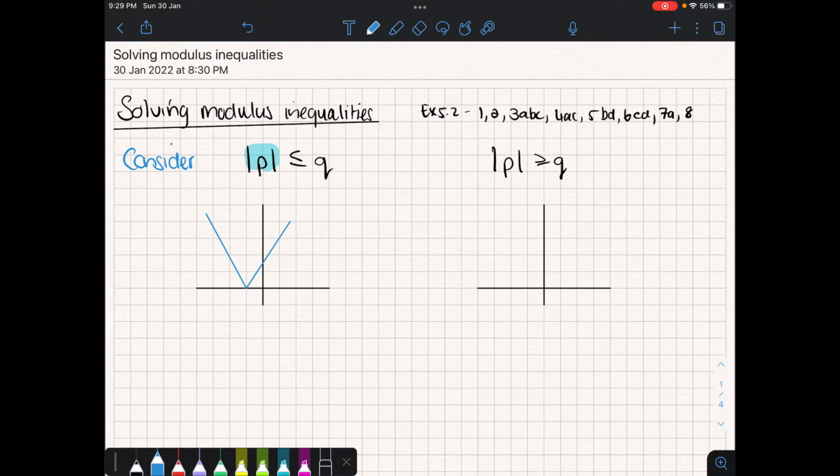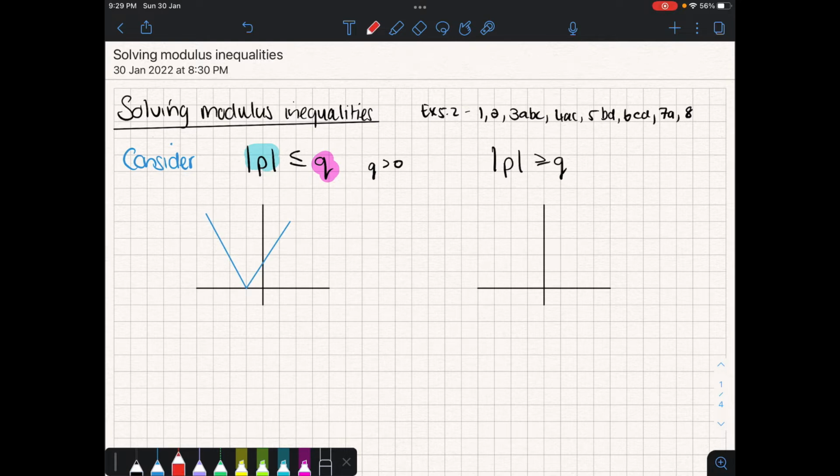And when we're asking in this inequality where this modular function is less than some constant, so Q is a constant, if we understand modular functions, we understand that Q has to be greater than 0 in this case.